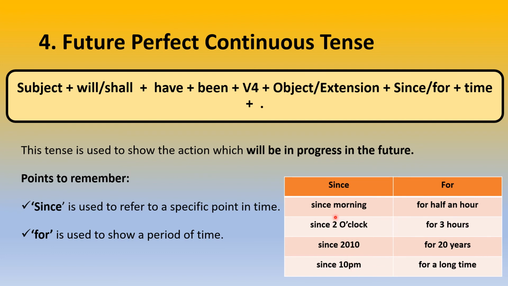That is why you're using since. And look at the use of for half an hour, for 3 hours, for 20 years, for a long time. You are showing a period of time. That is why you have used for.